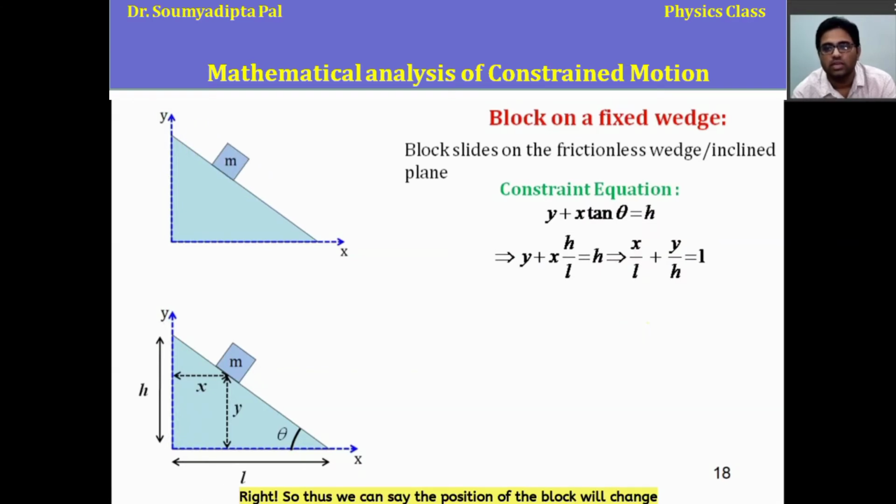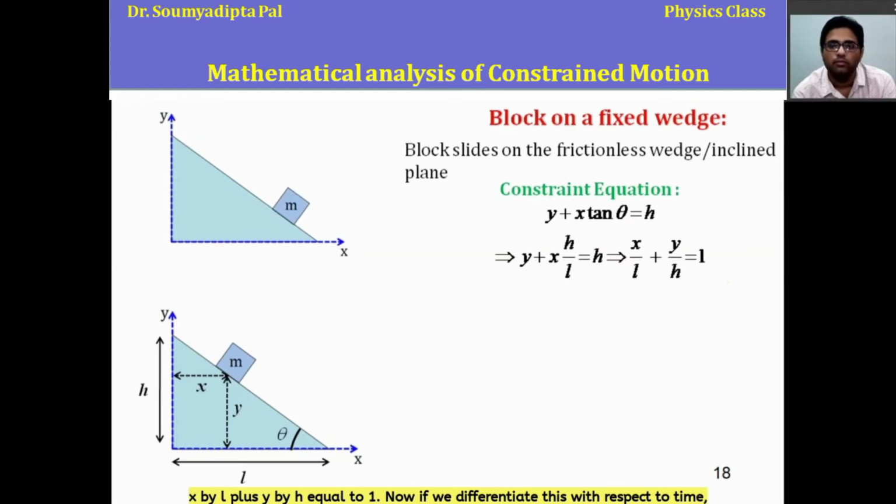So the position of the block will change and accordingly x and y will vary, but the total height of the wedge, h, remains the same. Then we can write this equation of constraint: x by L plus y by h equals 1.